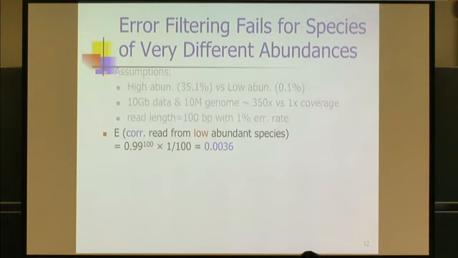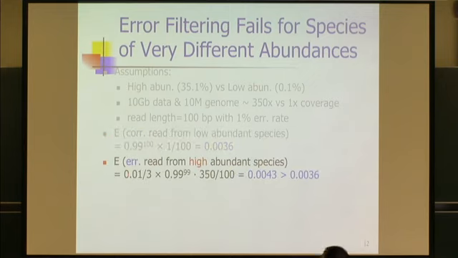Then when you sample a read from the low abundancy, you can calculate the probability that it's correct. With 1% error, every base pair is correct with probability 0.99, and because coverage is 1, that number is the rate of getting a correct read from a low abundancy species.